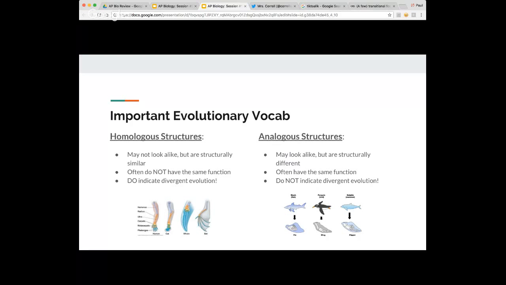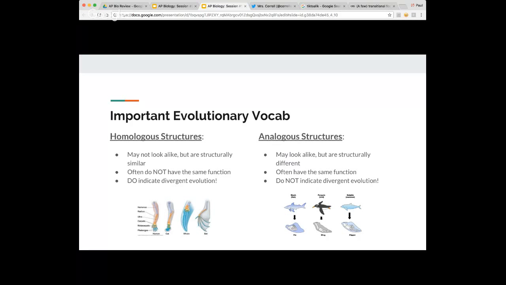The cat walks on its leg, the whale swims, the bat flies, and the human uses it as an arm. But ultimately, there's a tying component to these limbs because they share the same bones, because way back, we all share a common ancestor.